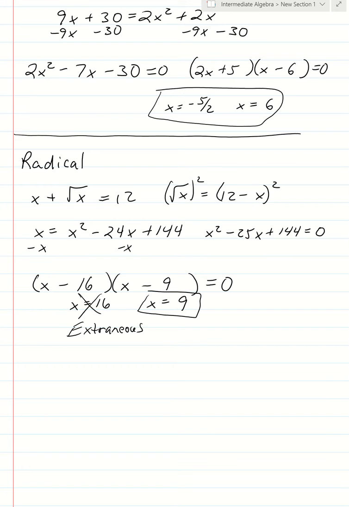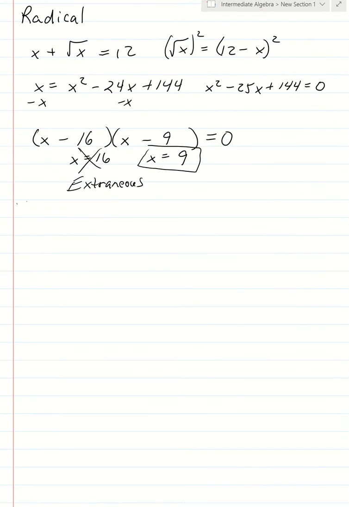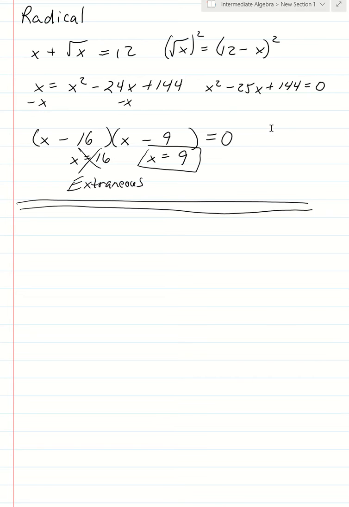So that's a little review of solving equations in quadratic form, stuff that we saw in chapters 8 and 9. But let's take a look at something a little bit different here in chapter 10. Once again, the equation that you're going to be given is not originally a quadratic equation, but what we're going to do is turn it into a quadratic equation to make it a little bit easier for us to solve.